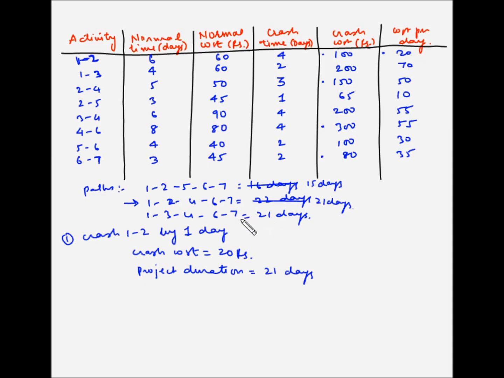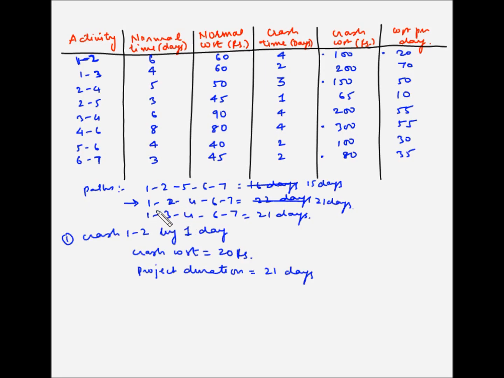So here let's identify which are the combination of activities between these two critical paths which need to be crashed. So if we crash 1 2 from this path, we need to crash either 1 3 or 3 4. Why is this so?